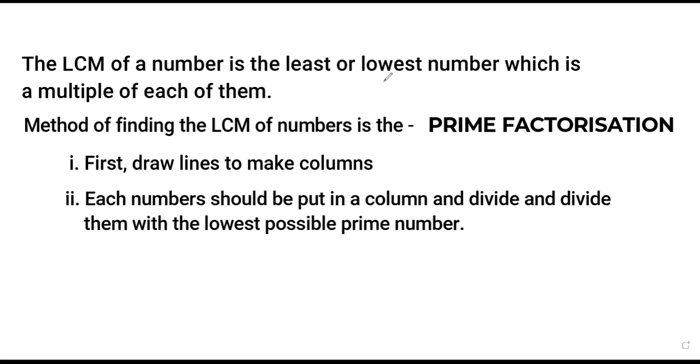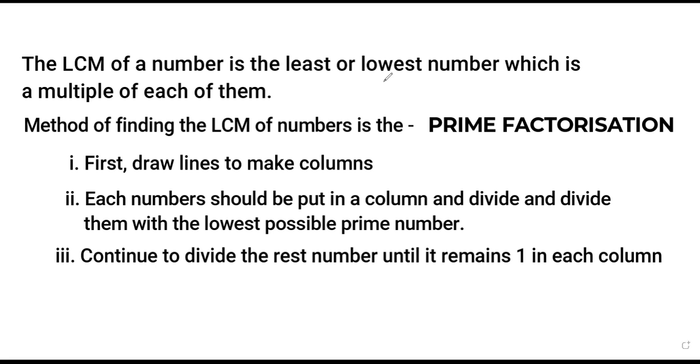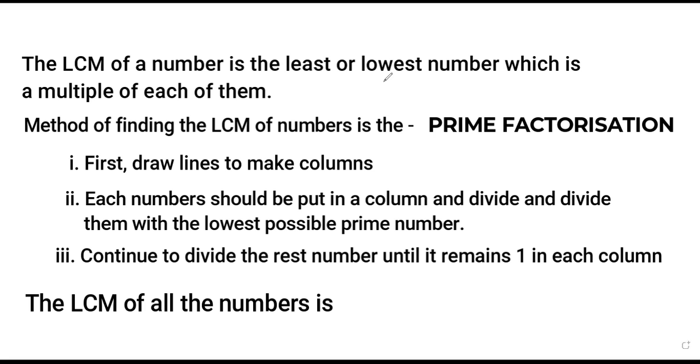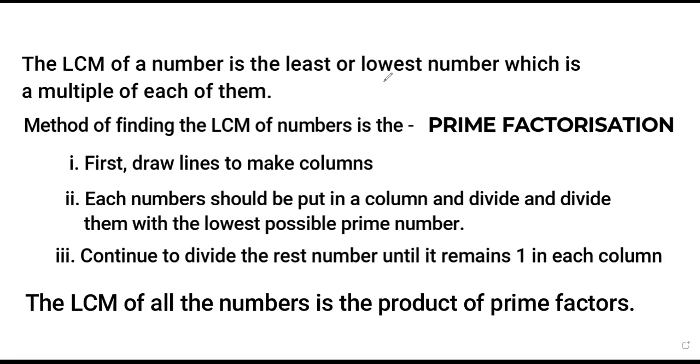It is possible that one prime number cannot divide into a number exactly. Do not worry about that. Just simply bring such number down under itself and continue to divide the rest of the numbers until it remains 1 in each column. Now, the LCM of all the numbers is the product of the prime factors.